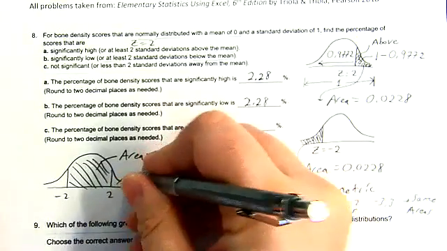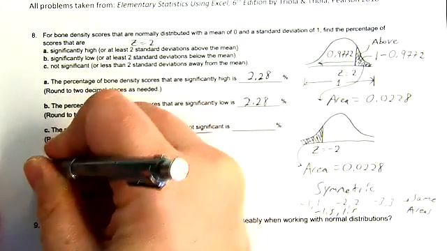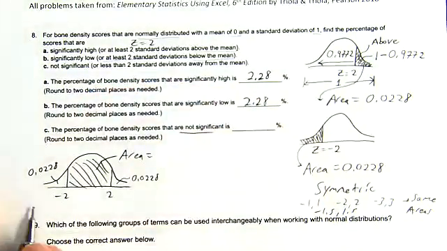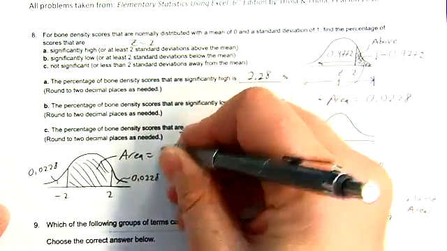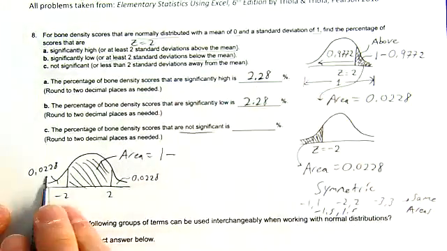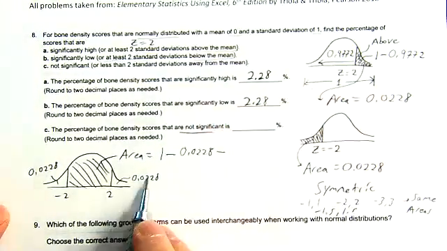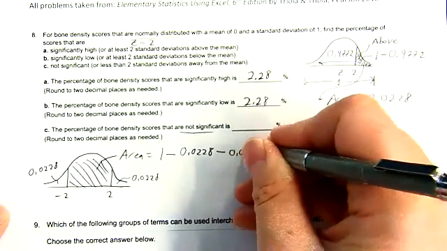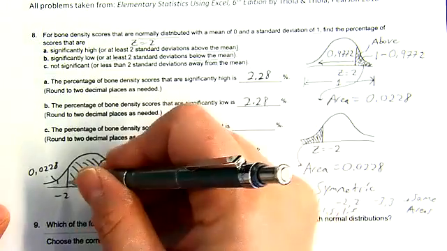Well, if we know this one is 0.0228, and this one is 0.0228, and the whole thing has to add up to 1, then this area would just be 1 minus this 0.0228 minus this 0.0228, and that should give us the area in between.